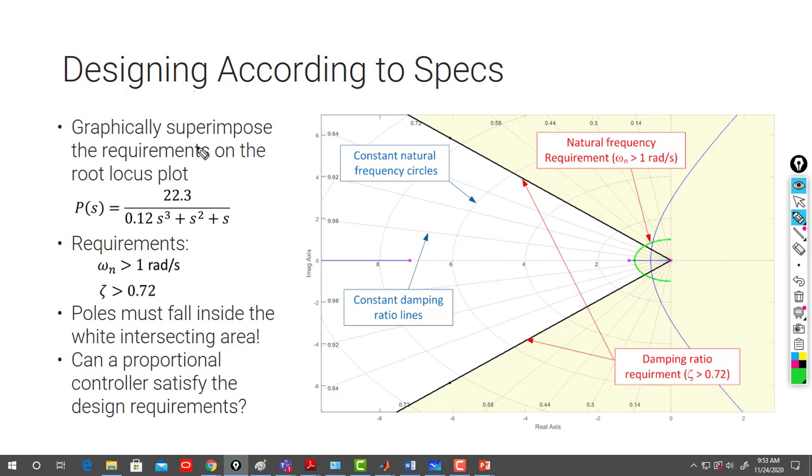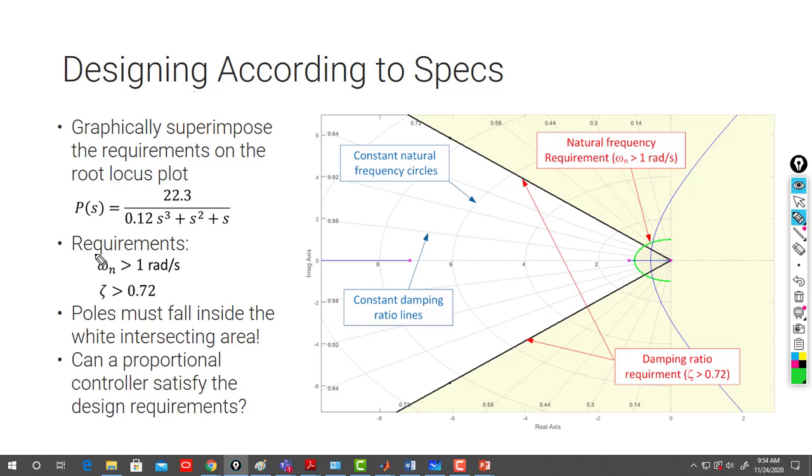So graphically, superimpose the requirements on the root locus plot. You see, this is my root locus plot, which, if you focus with me, is this blue line.